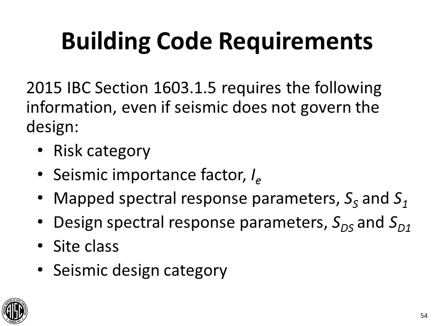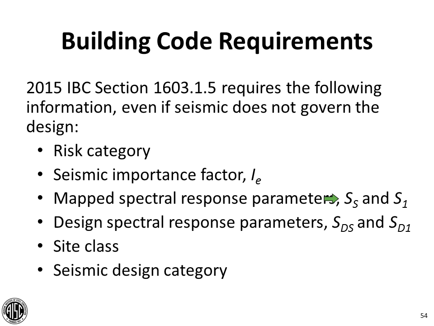Now in the IBC in section 1603, they list the following information that has to be shown on the drawings, and I think one of the things that's overlooked frequently is that this information needs to be shown even if seismic does not govern the design. So things such as the risk category, which used to be called the occupancy category, and seismic importance factors, two factors that appear to be similar but in fact are different.